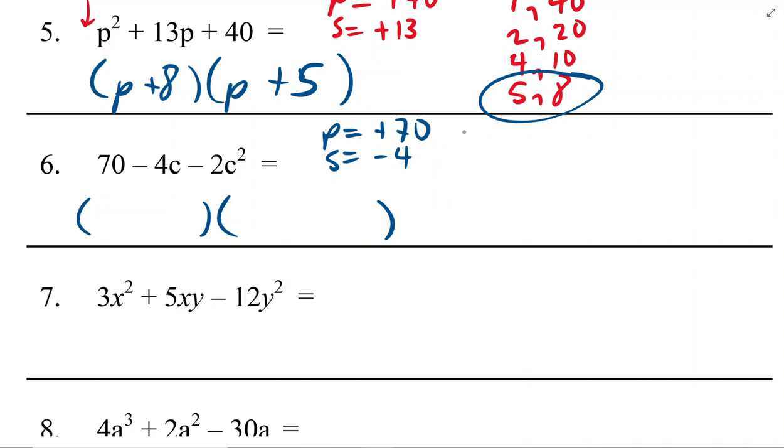So 1 and 70, 2 and 35, 3 and, no, 4 and, no, 5 and 14, 6, no, 7 and 10. So which combination is going to give you negative 4? None of them. Ooh.